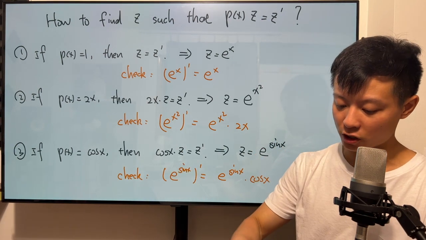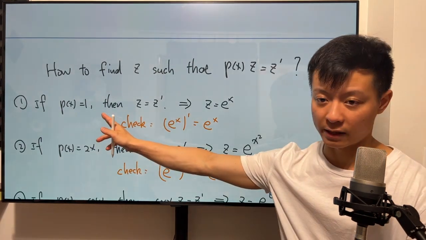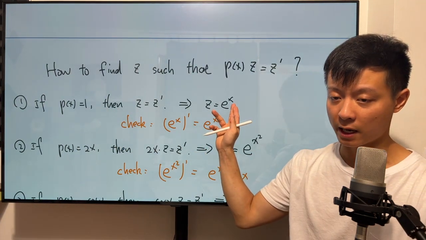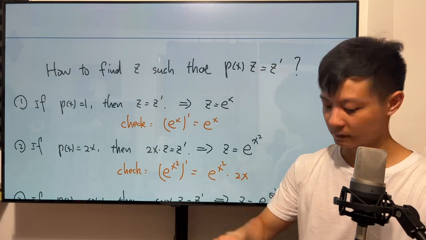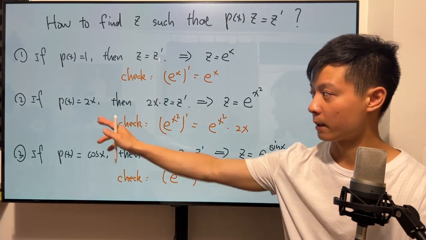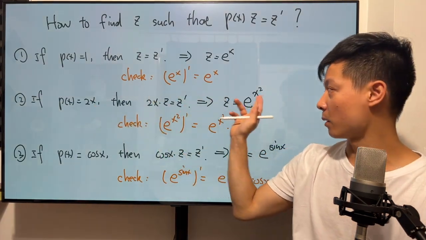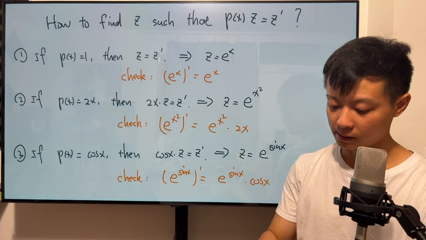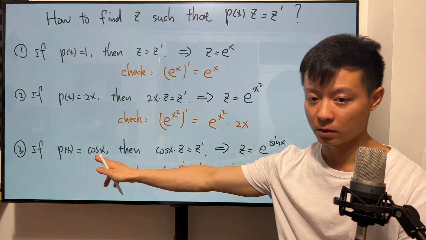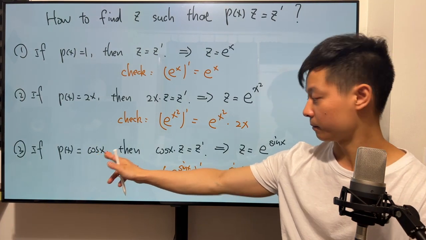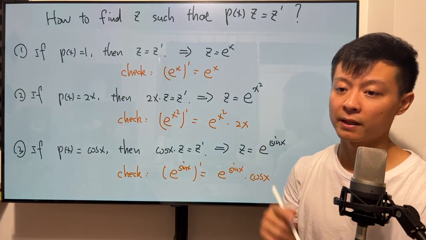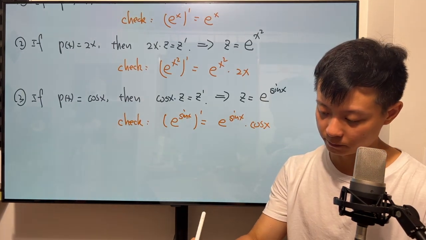Because in situation number 1, when p of x is equal to 1, you have your power being x, which is the antiderivative of 1. In situation number 2, when this is 2x, the power is its antiderivative, x squared. Situation number 3, when this is cos of x, the power is sine of x, which is also its antiderivative.